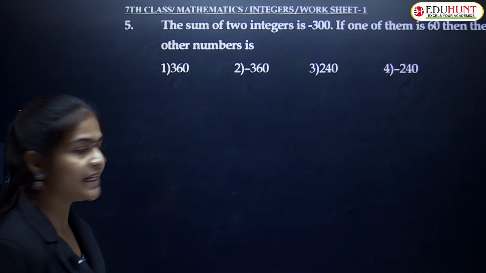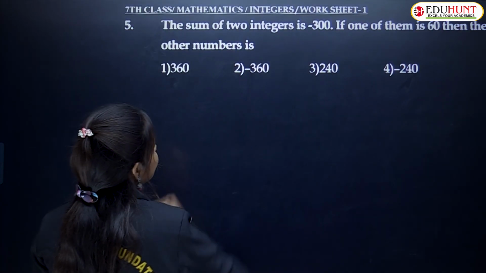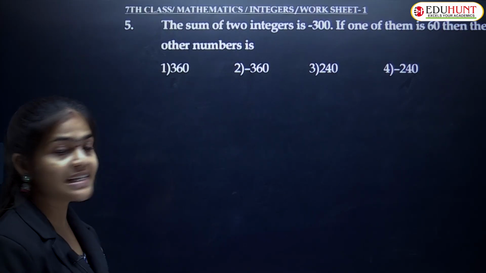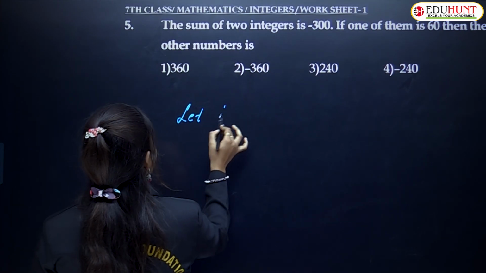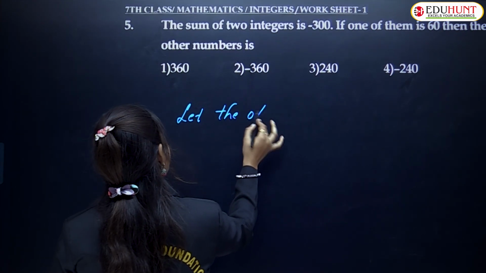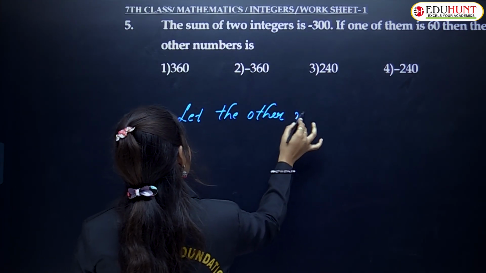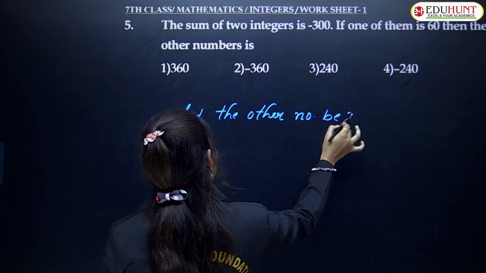The sum of two integers is minus 300. If one of them is 60, then the other is... Let the other number be x.